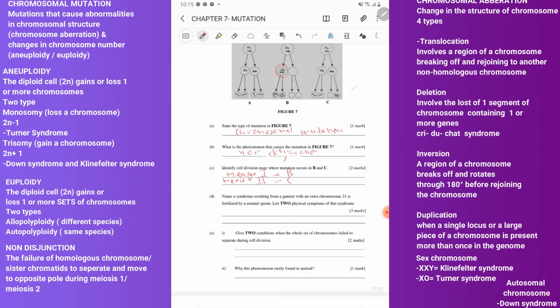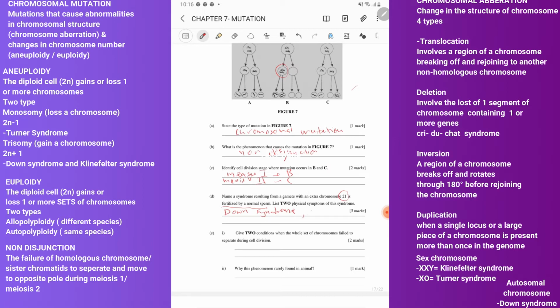Name a syndrome resulting from a gamete with an extra chromosome 21 fertilized by normal sperm. Here, chromosome 21 is referred to Down syndrome. Okay, so what are the physical symptoms of this syndrome?